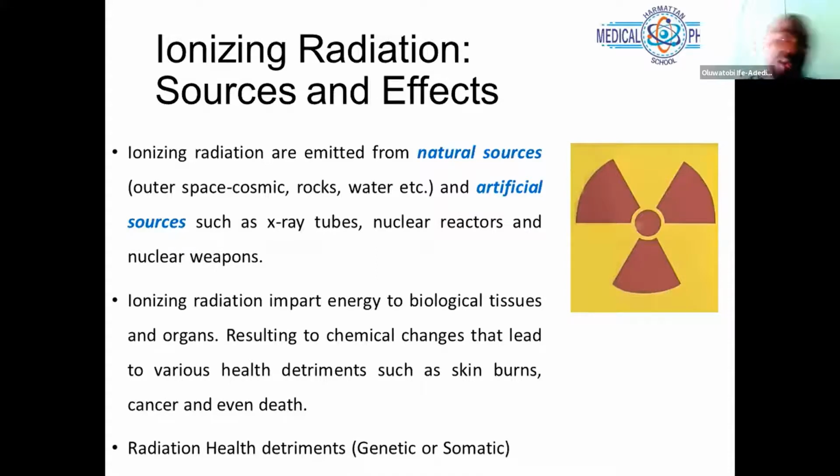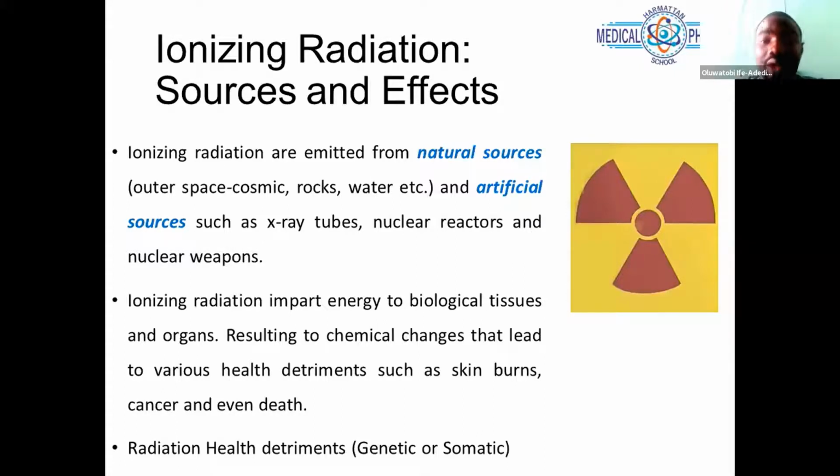What are the sources of ionizing radiation? It could be natural or artificial. So in the second slide, I said radiation is ubiquitous, which means radiation can be found everywhere because of natural sources. So radiation comes from the outer space, from rocks, from water, whether water that is consumed, or just open water bodies, all release natural radiation.